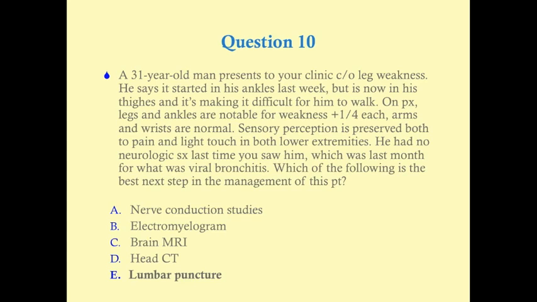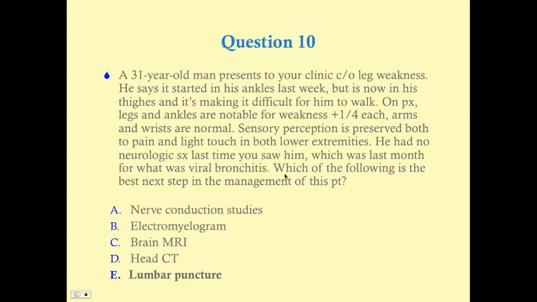And an ascending symmetrical weakness who also has no weakness in his arms and wrist, and he's got no sensory deficits, and he's had a recent infection. What does that spell out? That spells out Guillain-Barré syndrome. And the best initial test for Guillain-Barré syndrome is a lumbar puncture for CSF analysis.